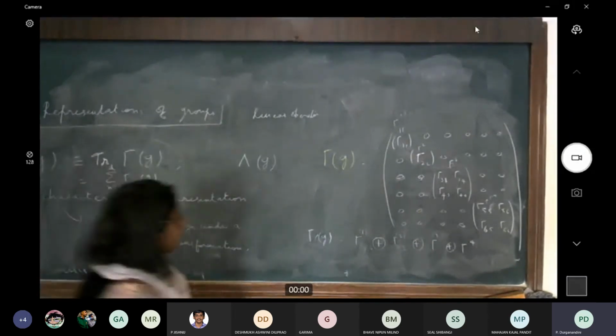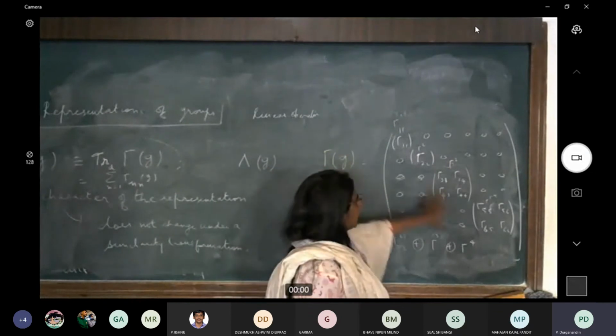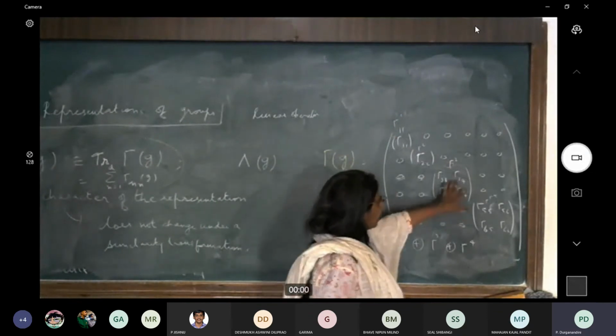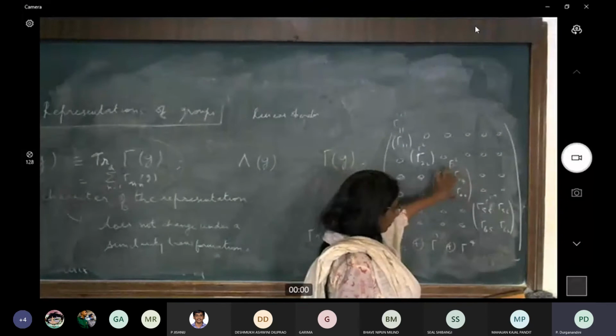So basically I keep on diagonalizing till I go to the limit. That means I have only reduced this. I cannot diagonalize any further. I'm not able to diagonalize. I have to leave it at this form.